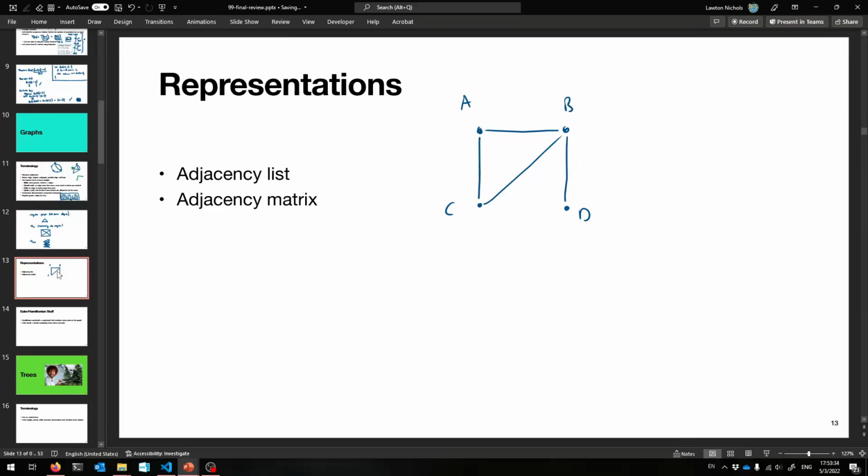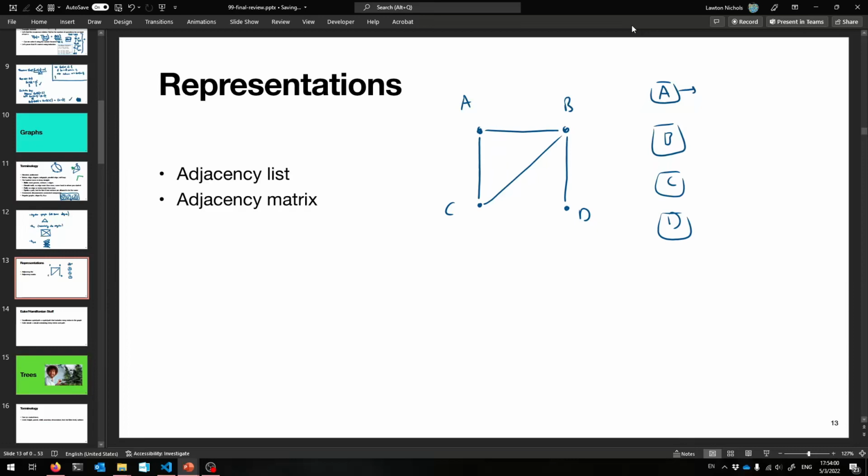So that is the graph itself, and we like to represent this inside of a computer. There are 2 standard ways of doing that. You can make an adjacency list, which is like a map from nodes to lists of other nodes. It's kind of like a hash table, where the keys are the nodes, and then you have a list of other nodes that you're connected to by an edge.